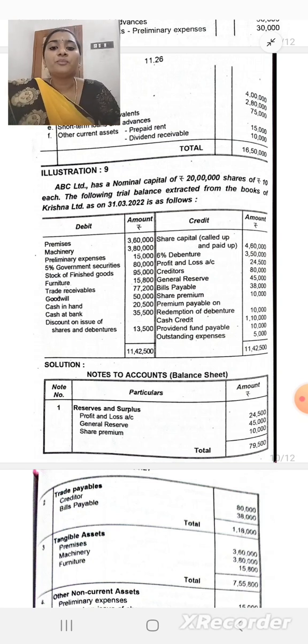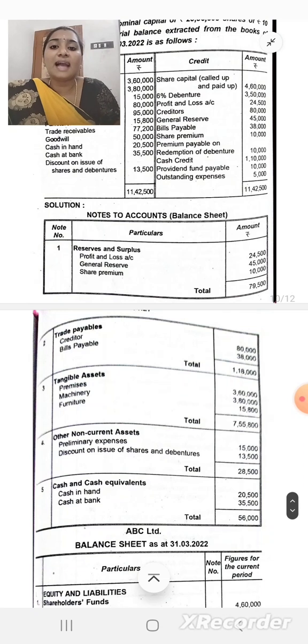The notes are: reserves and surplus, trade payables, tangible assets, other non-current assets, and cash equivalents. In reserves and surplus we record profit and loss account, general reserve and share premium.